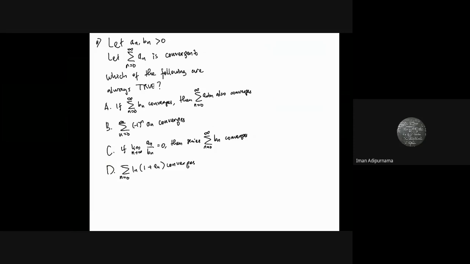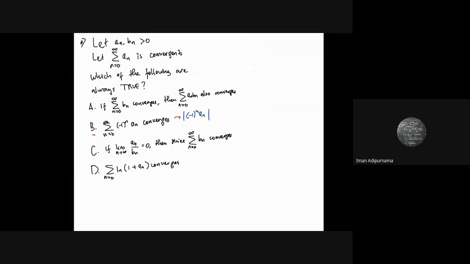Okay, anyone get some idea to solve this? So if you check option B, if you are using the absolute value there, of course this will be an, and it is positive.